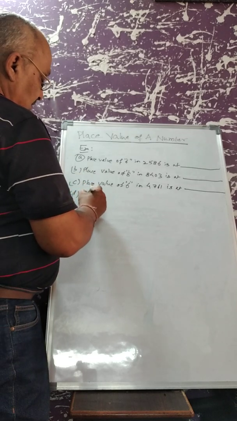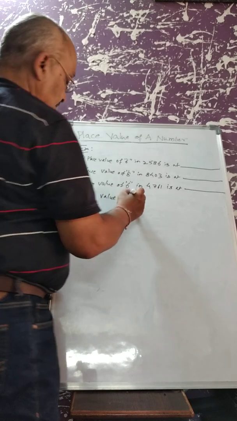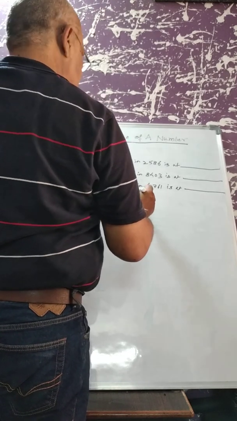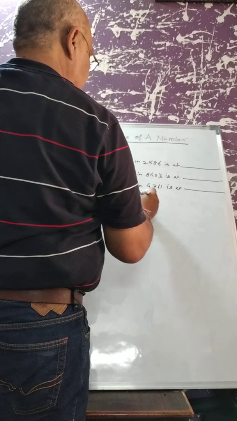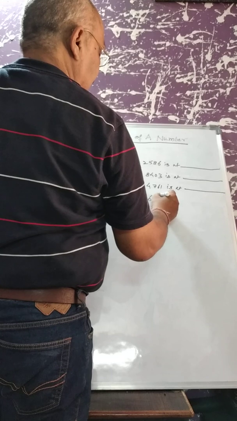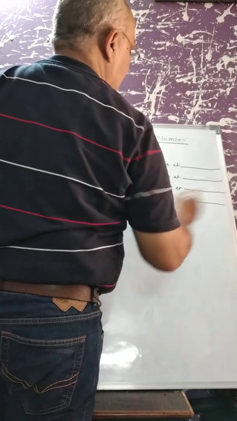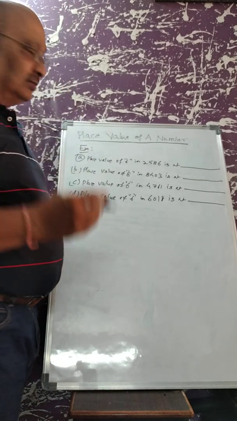Then place value of again 6 in 6018 is at. So how will you be able to find out?